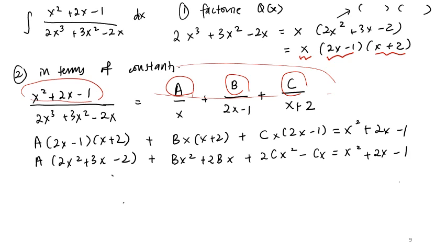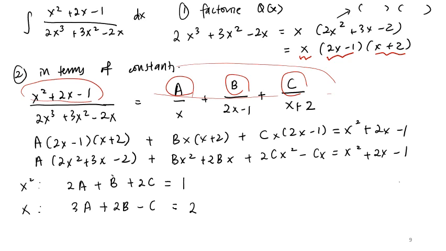You can collect all the terms together. For x squared, you have 2a plus b plus 2c equals 1. For x, you have 3a plus 2b minus c equals 2.